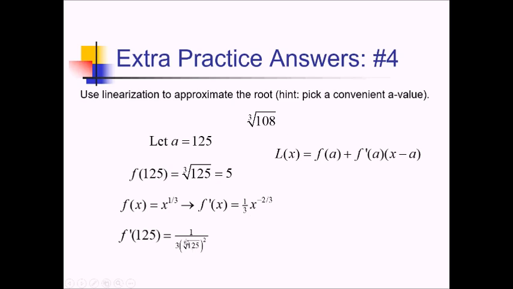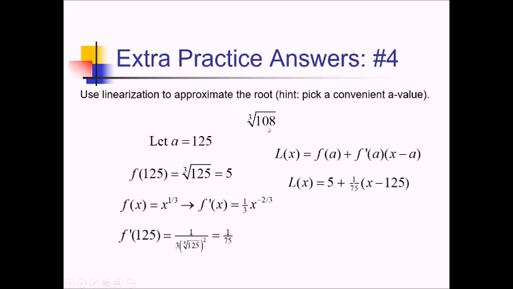Cube root of 125 is going to be 5. Squaring that is 25. So this is going to be 1/75 then, because 3 times 25. Plugging it all back into the formula, we've got 5 plus 1/75 times x minus 125.